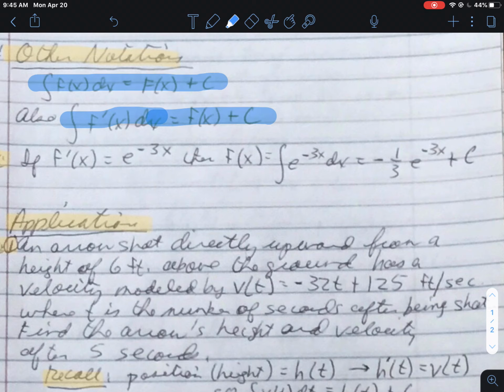So for example, if we let f prime of x be the function e to the negative 3x, then the function little f of x would be the integral of e to the negative 3x, and there's our antiderivative of e to the kx, which is e to the kx divided by k, or times 1 over k. So I get negative 1/3 e to the negative 3x plus c.